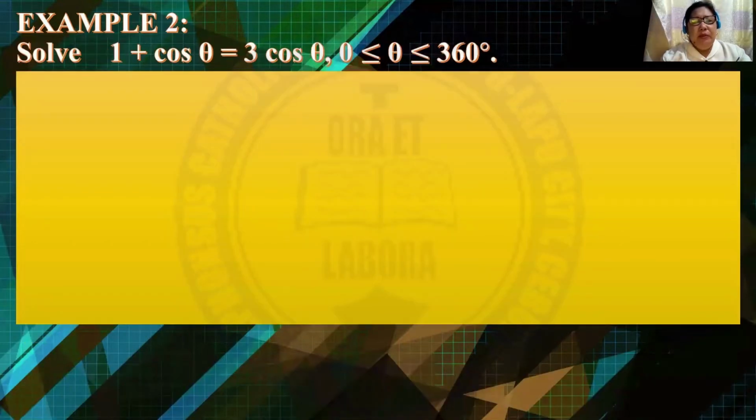Next, example 2. Solve 1 plus cosine theta is equal to 3 cosine theta, wherein theta is between 0 and 360 degrees.